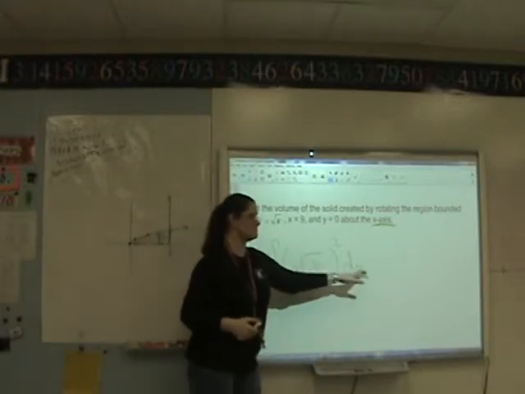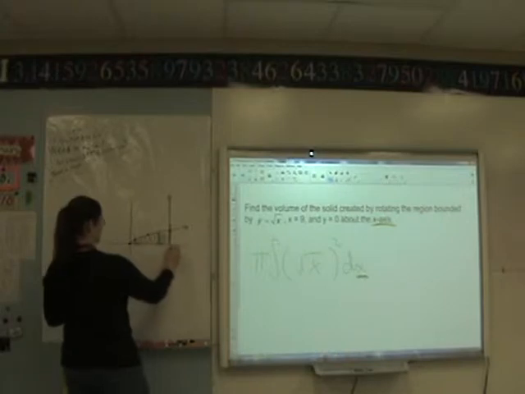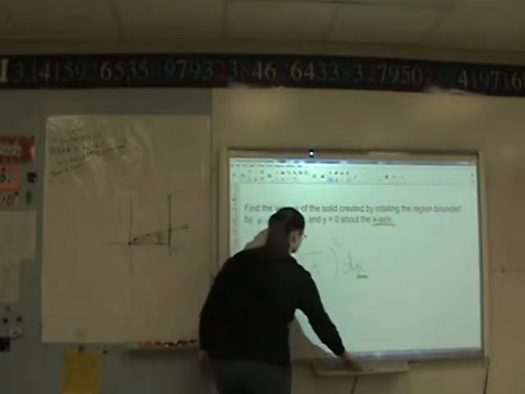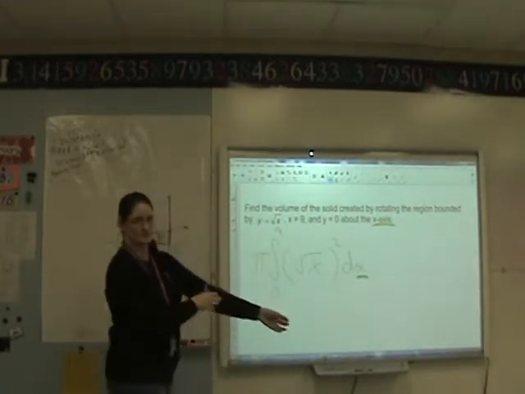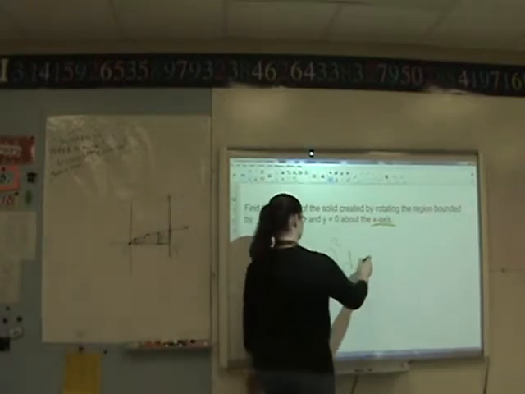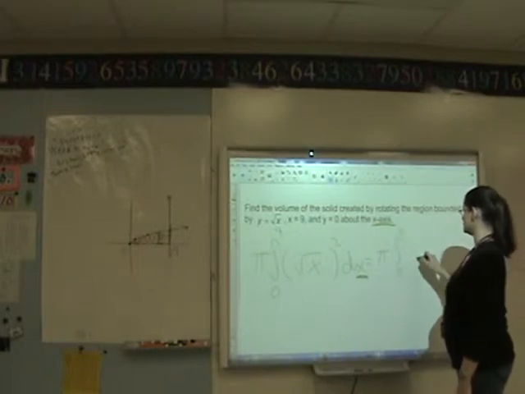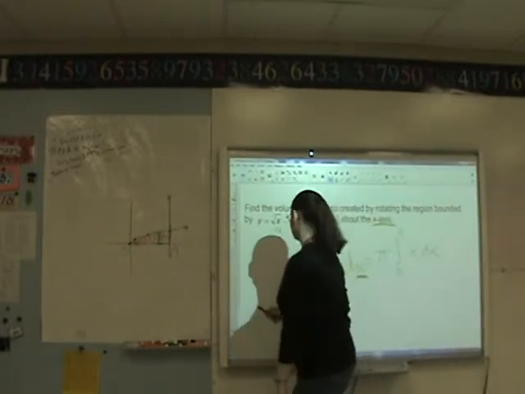What are the x values for where I start and stop? 0 and 9. There's the setup. That's the concept that we're using today. I would go ahead and square that out, which is always going to be your first step on any one of these problems: square the stuff out.